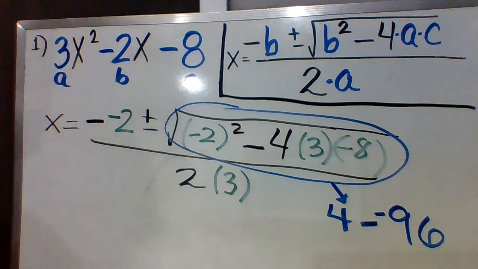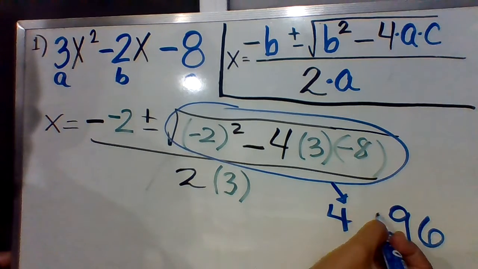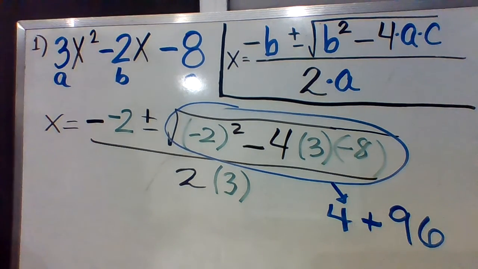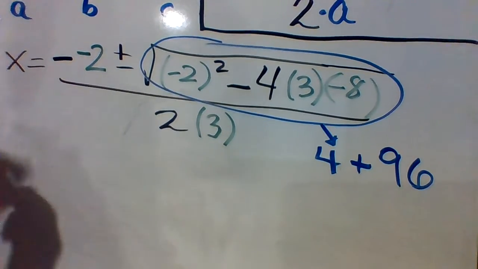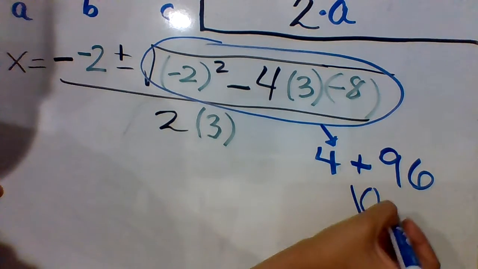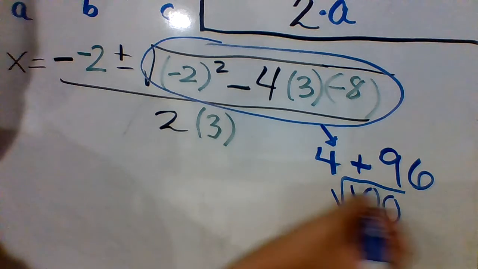And then you have minus a negative. So two negatives right next to each other are going to turn to positive. So it's actually going to be a plus at the end there. And 96 plus 4, that's going to give us 100. So in the square root, it ended up being 100.